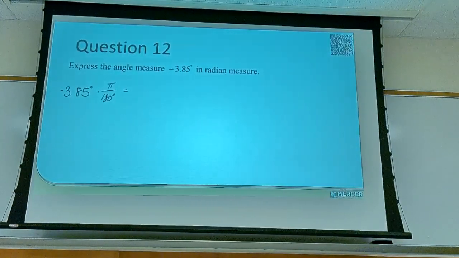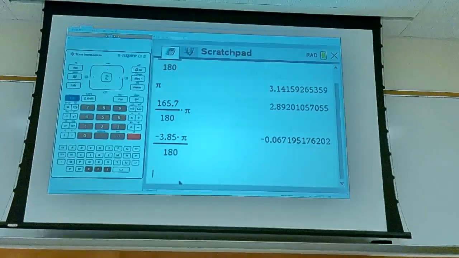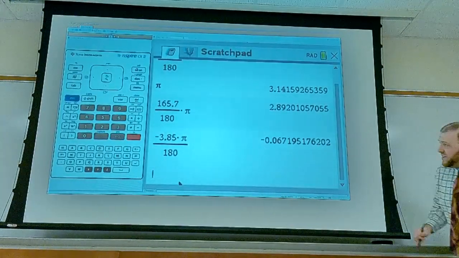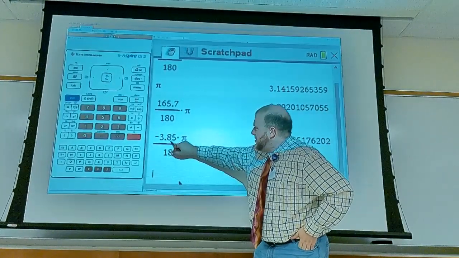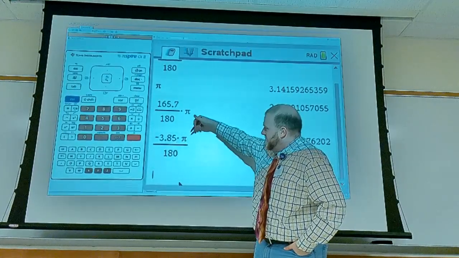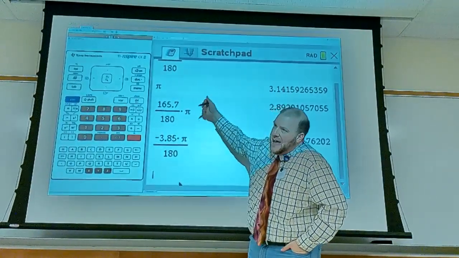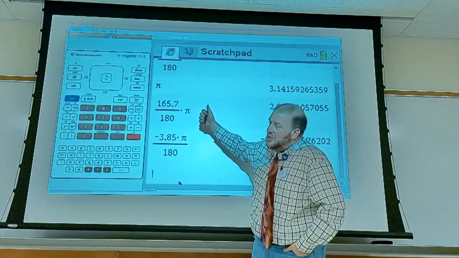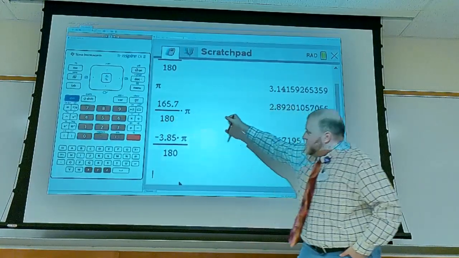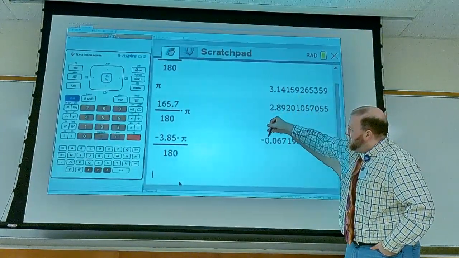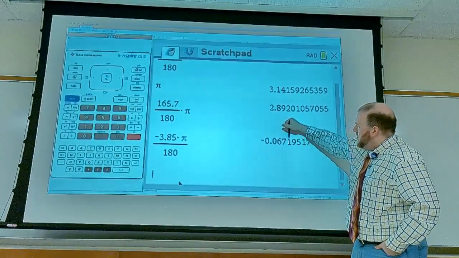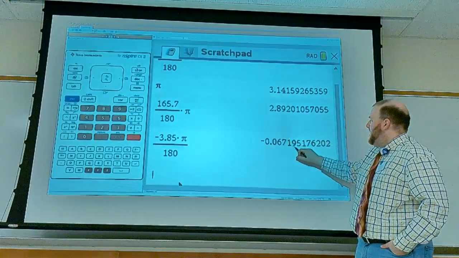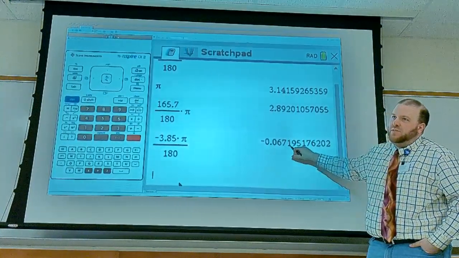If I load this back up, 3 sig figs, right, and then negative 3.85, and that's the low because the pi over 180 is a conversion factor of an exact measurement. So our answer needs to have 3 sig figs. 1, 2, 3. And that's a 9, so that will round up to 2.